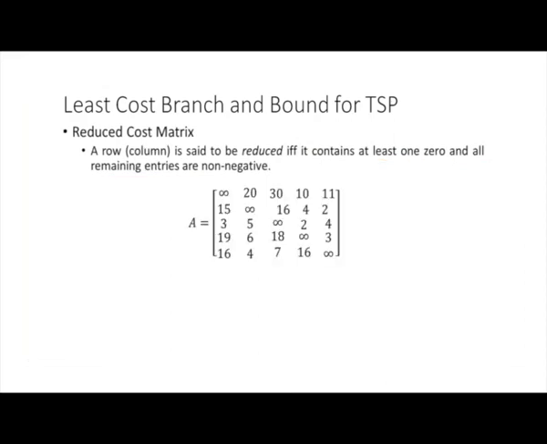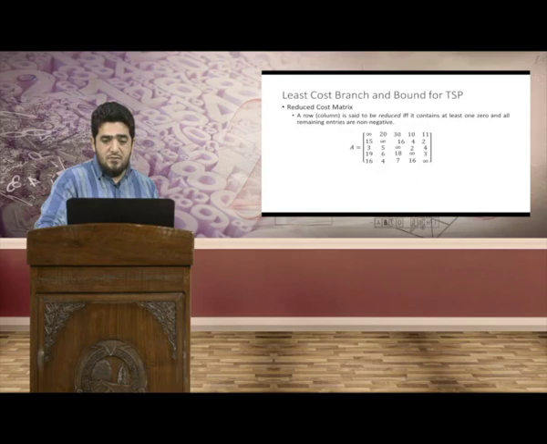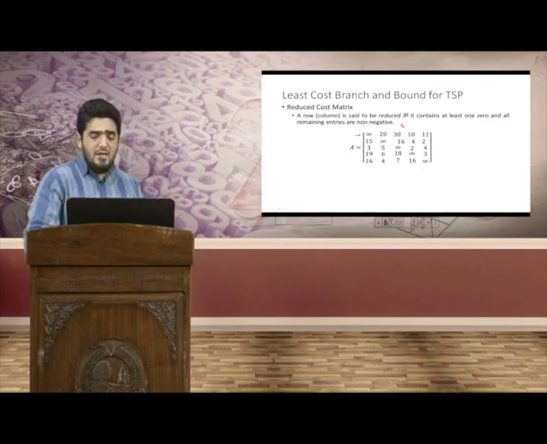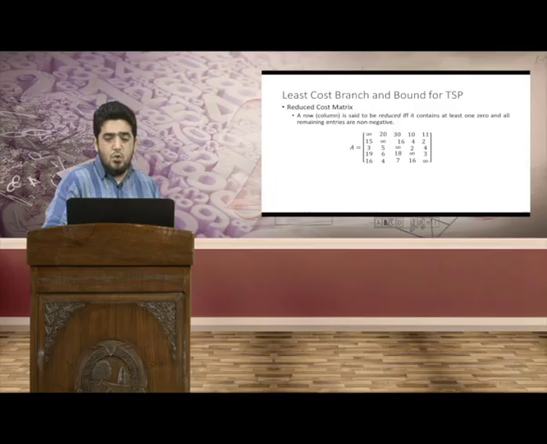Let's take an example. This is a matrix here, and let's suppose this is a cost matrix of a traveling salesman problem. Since we have 5 rows and 5 columns, it means the total number of vertices is 5. And let's also look at what each row represents.